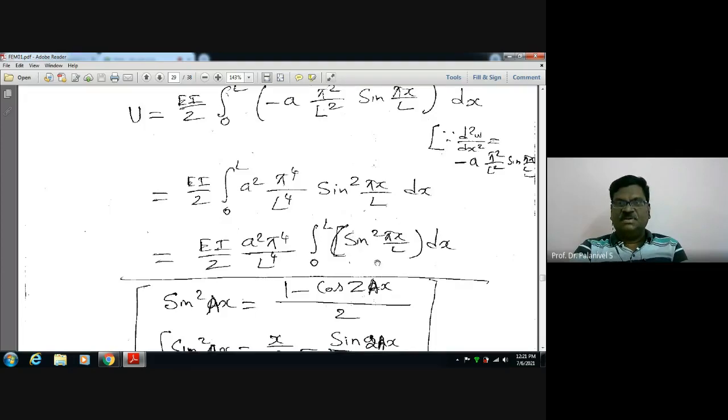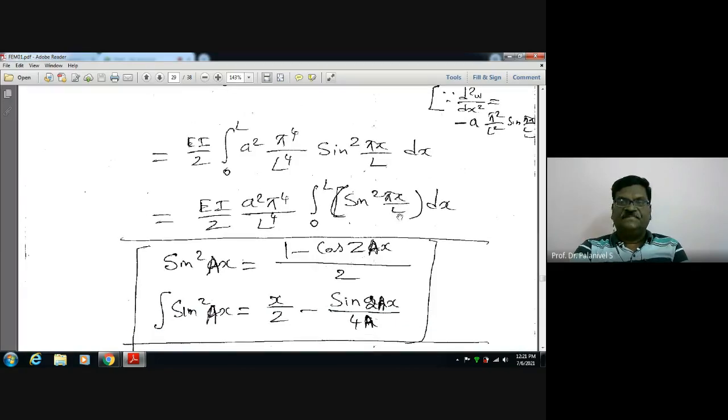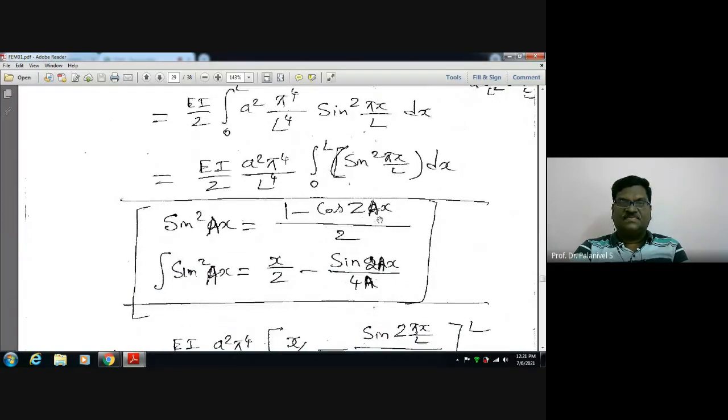This you have to integrate. How do you integrate sine square pi x by L? You might have studied this formula in mathematics. Sin square AX is equal to 1 minus cos 2AX divided by 2.